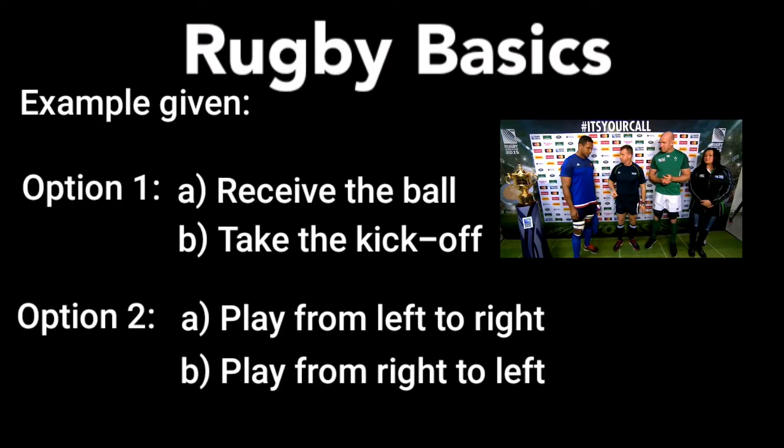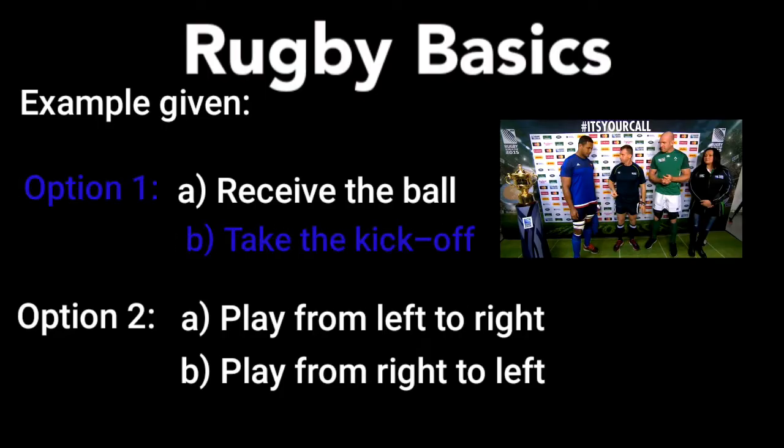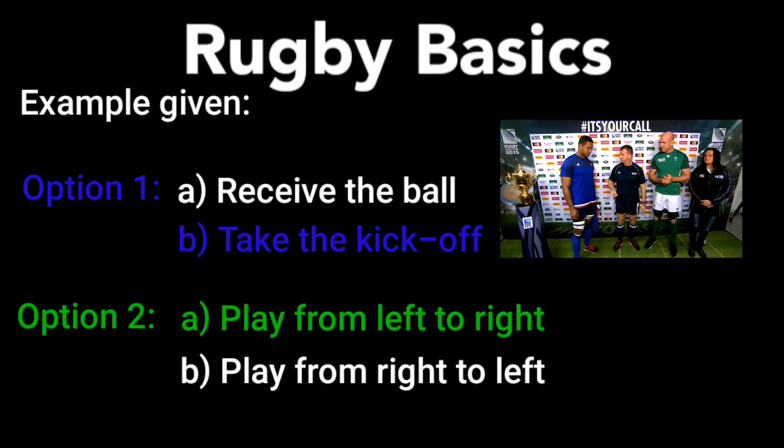So let's use an example here of a game played between France and Ireland, where France has won the coin toss and chosen to take the kick. So this left Ireland with the option to either play from left to right or play from right to left, and they have chosen to play from left to right.